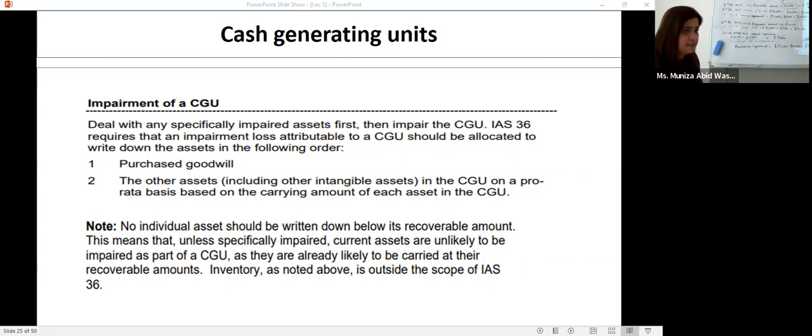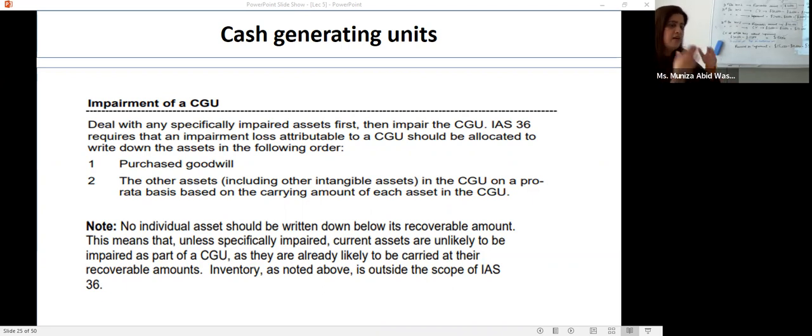Once it becomes nil, then we have to set the impairment against the purchased goodwill. If there is any goodwill, we are going to set the impairment loss against that. If the impairment is still present, then on the remaining assets of the cash generating unit, we are going to apply the impairment on a pro rata basis.